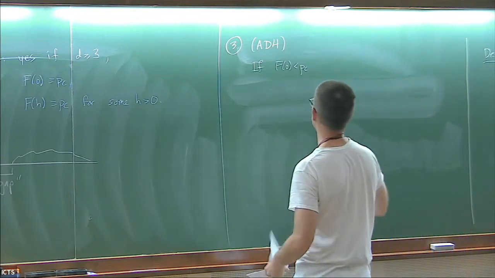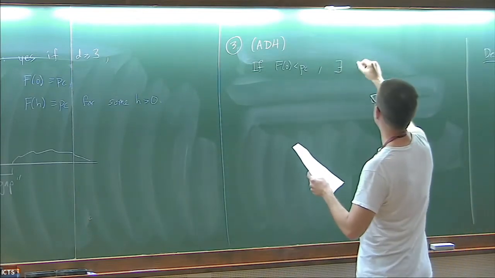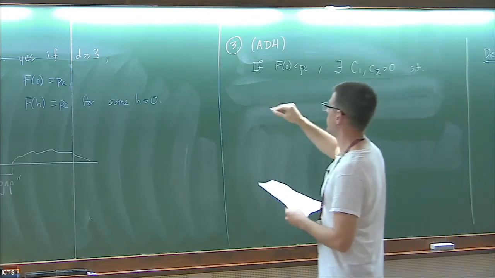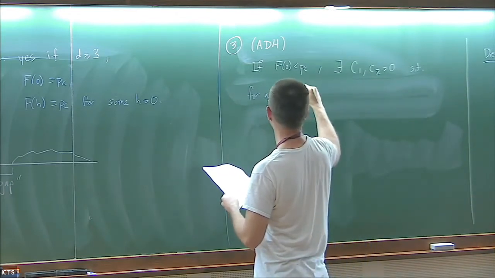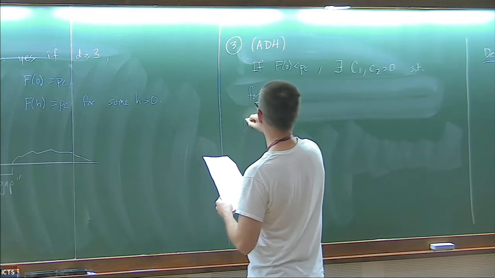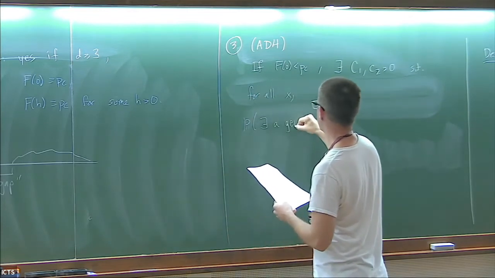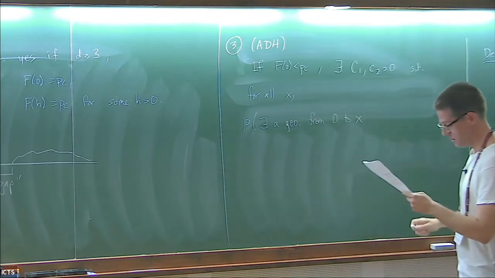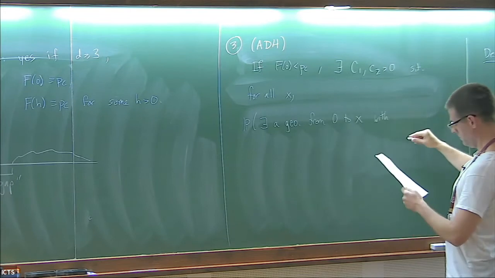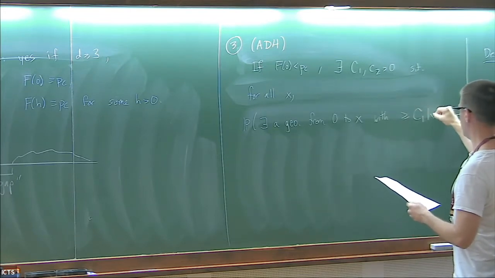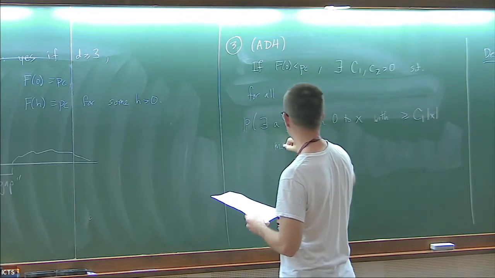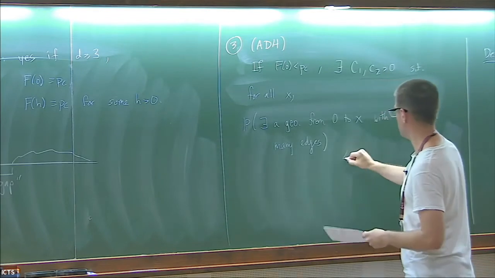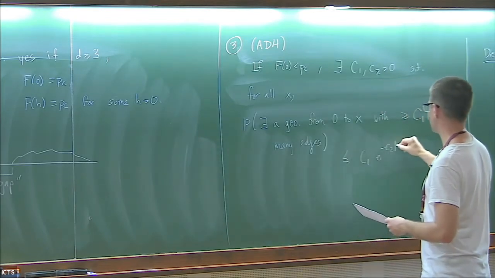So if F0 is less than PC, then there exist C1, C2, such that for all x, the probability there exists a geodesic from 0 to x with at least C1 x many edges is bounded by C1 e to the minus C2 x.